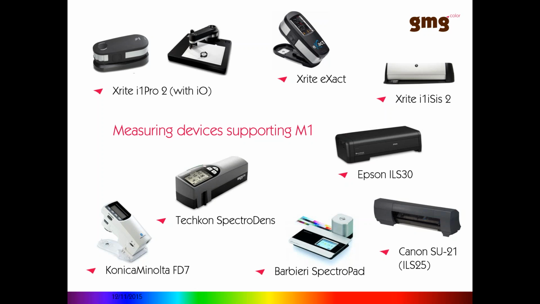In our software, we support the i1Pro version 2, we support the ISIS version 2, Epson ILS 30, and the Canon embedded devices. SpectroPad is supported as well. SpectroDance obviously does not make so much sense to do profiling with. And of course, there will be more measurement devices supporting the M1 mode to come.